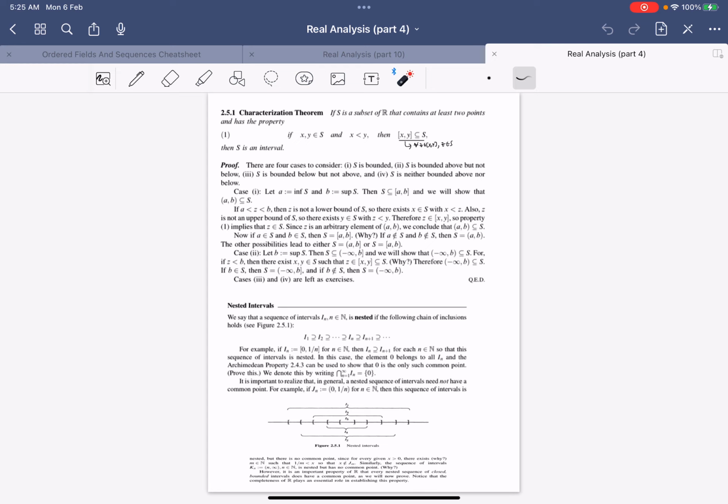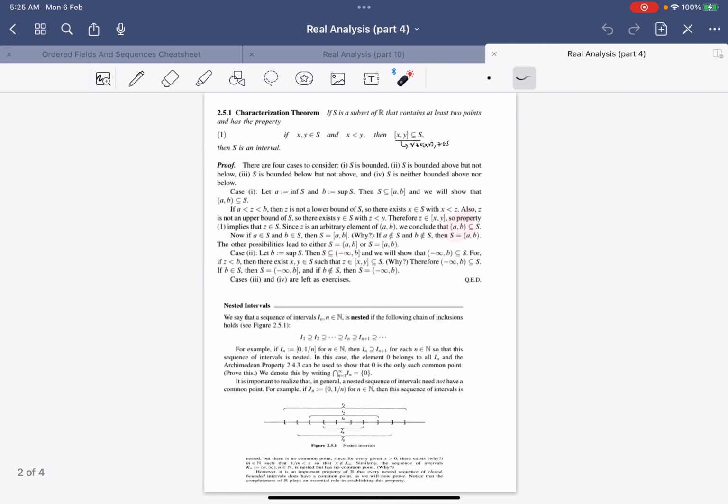With that, we just need to check whether A and B are inside or not. S already contains the open interval and is contained within the closed interval. You can check the different cases of whether A and B are inside or not, and it will lead to the different types of intervals.